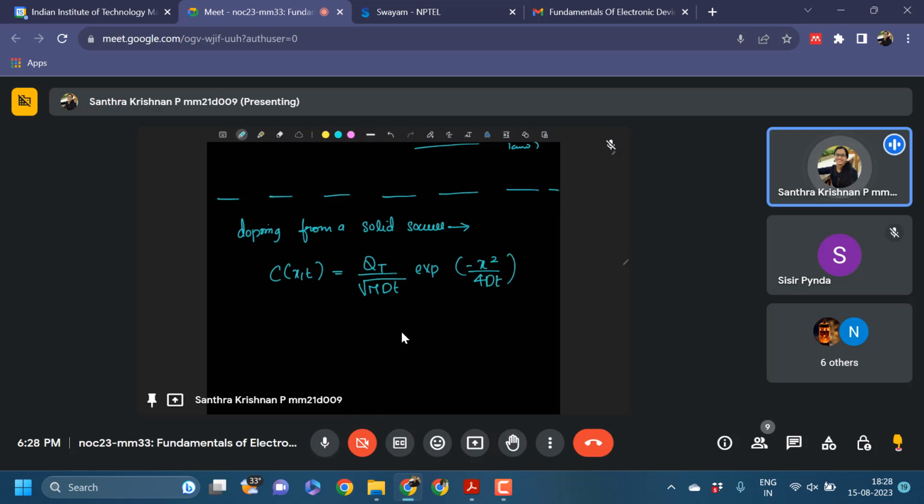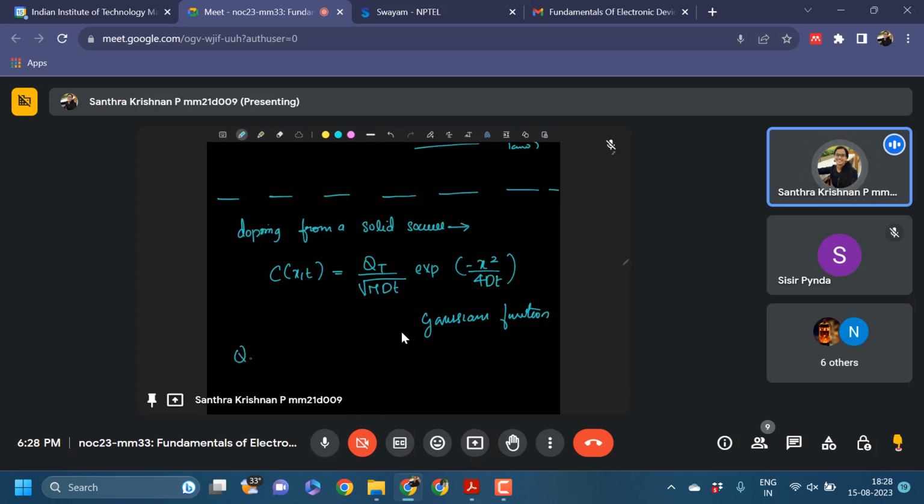Whenever we are doping from a solid source, the concentration at a depth of x and a time t will be given by Qt by root of pi Dt exponential minus x square by 4Dt. So this is basically a Gaussian function. And here Qt is the total amount of dopants on the surface at the start of diffusion per unit area.